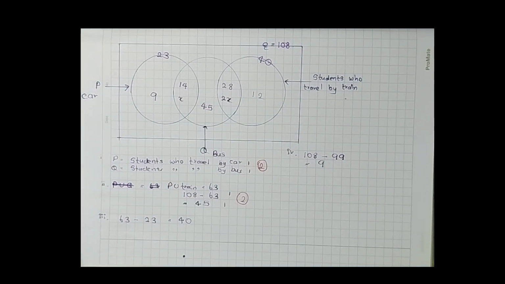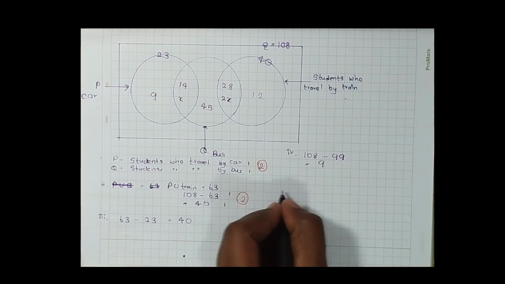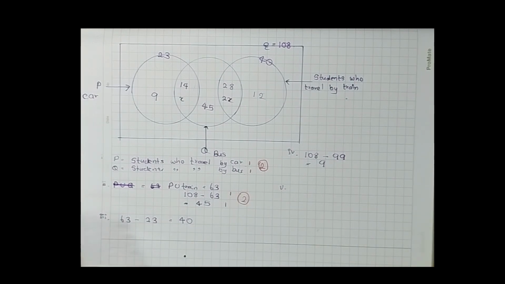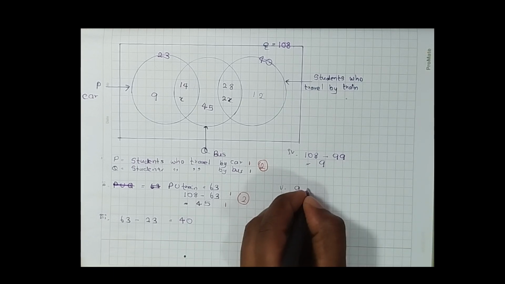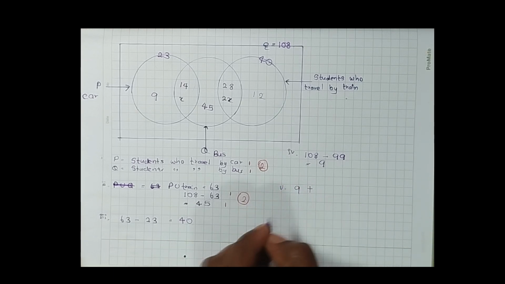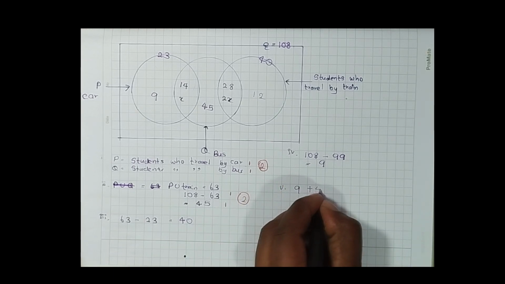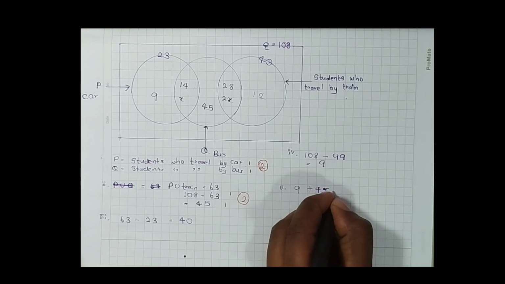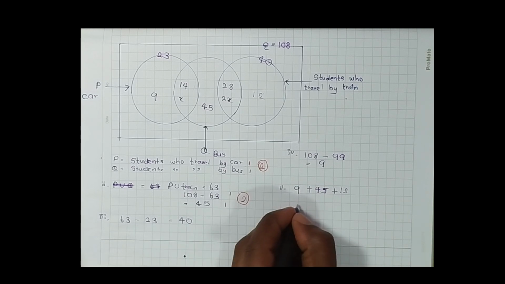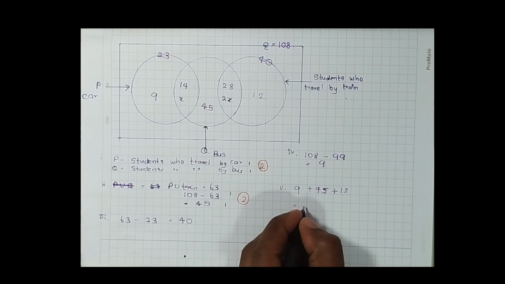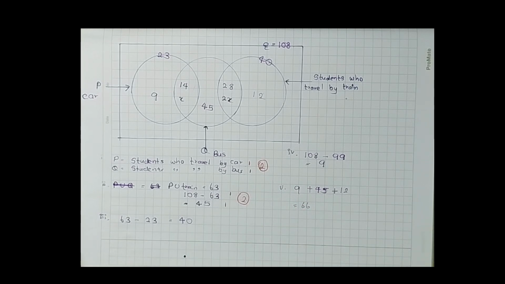For the last question, now we can see 9 students using only car, 45 students using only bus, 12 students using only train. You will get the answer 66.